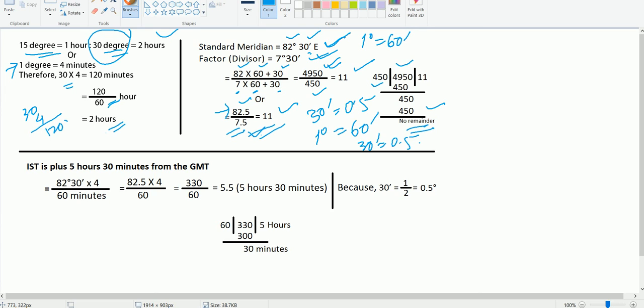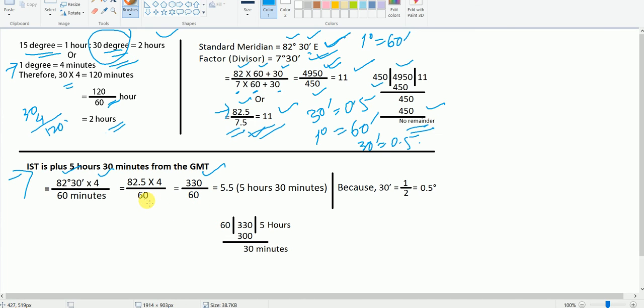And we have learned that our standard time is plus 5 hours 30 minutes from the Greenwich Mean Time. That one also you can check. Here this is the standard meridian. We have to multiply it by 4, because you have learned that 1 degree is equal to 4 minutes. After that you have got this.